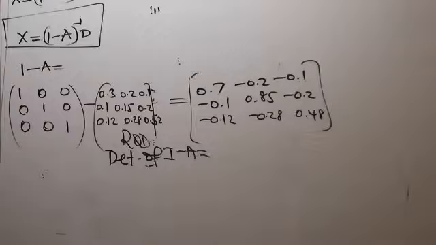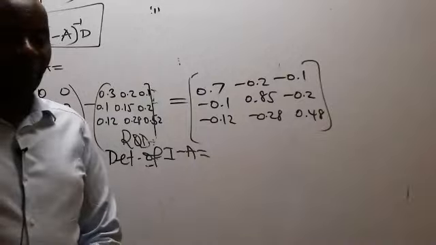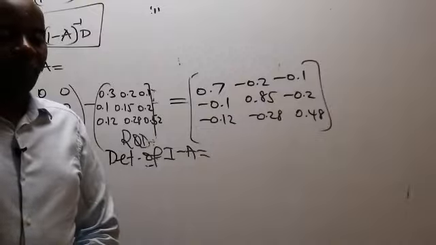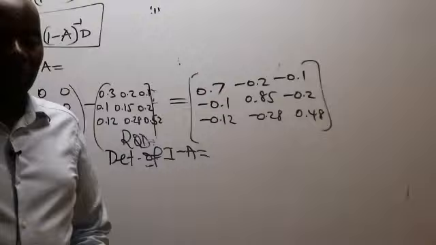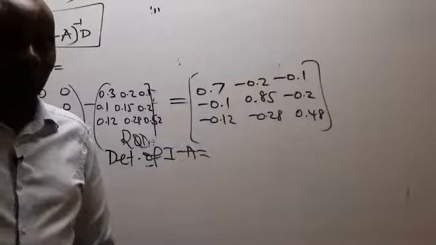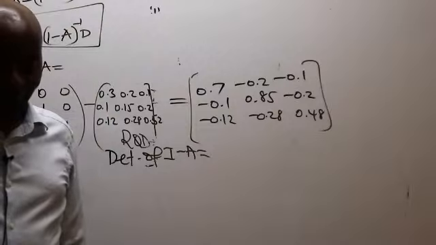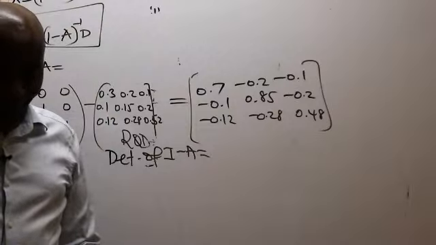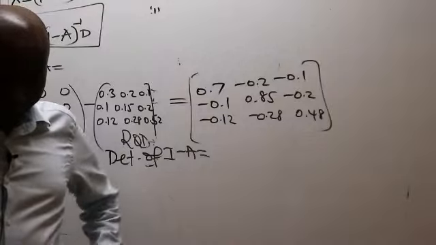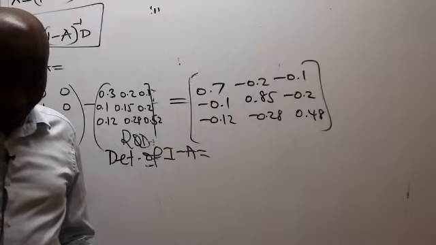I want to see whether there is a student who will be able to confirm what the AI tool has given us. Am I waiting for anybody to give me a figure really?